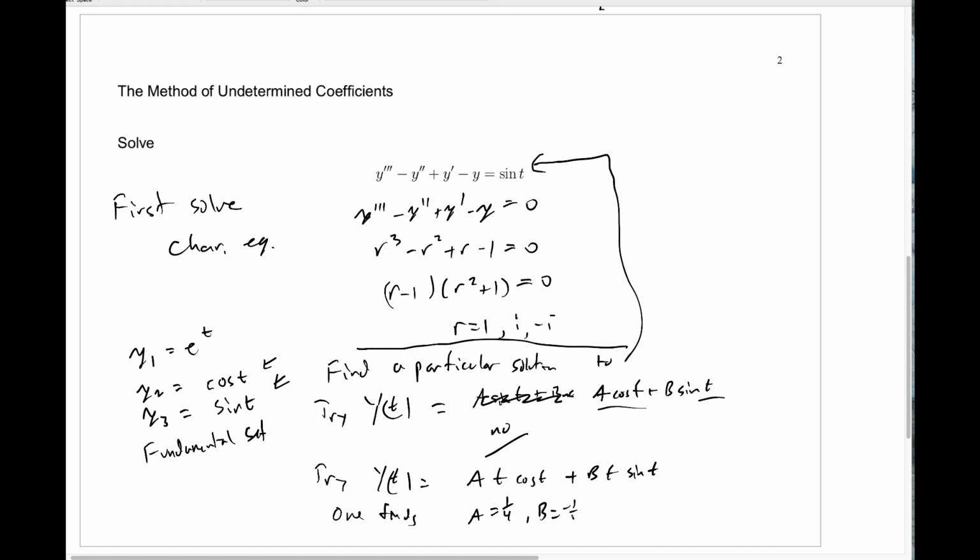In other words, a particular solution is 1/4 t cosine t minus 1/4 t sine t.